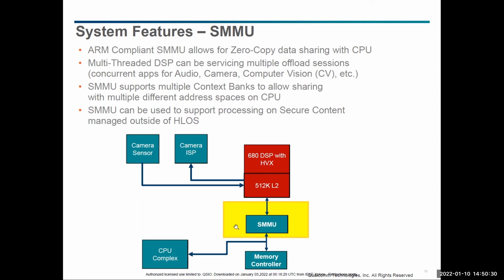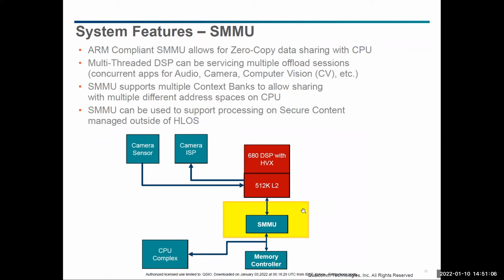So because of this SMMU feature, multi-threaded DSP can service multiple applications simultaneously, which basically means that there is a concept of context bank in SMMU. SMMU has multiple context banks which are allocated to every application. Now, because there are different context banks allocated for every application, you can think of a context bank as a memory region in the DDR, which is allocated to a specific application.